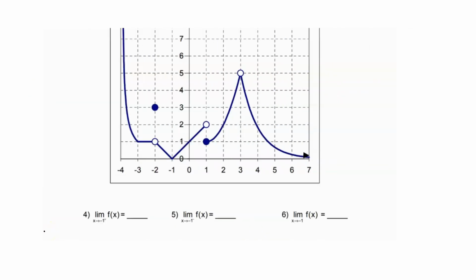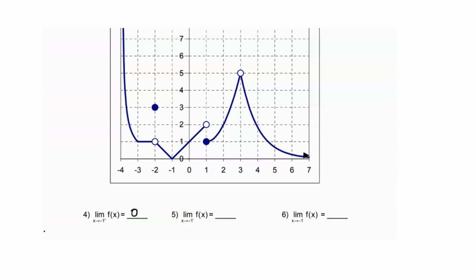Okay, the next problem, we want the limit of f of x as x approaches -1 from the right. So again, we're going to find -1, go to the right side, and follow the graph down. And we can see that it stops at y equals 0, so the limit here would be 0. And for number 5, we want the limit of f of x as x approaches -1 from the left side, from the negative side.